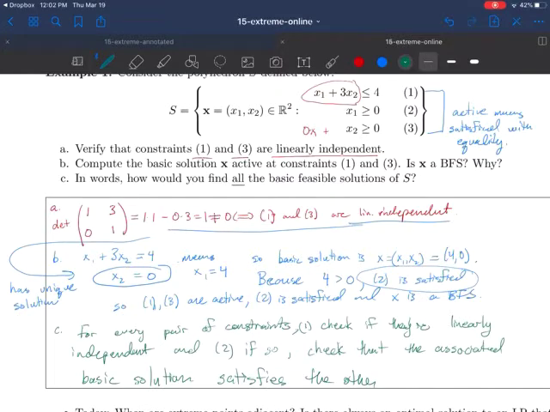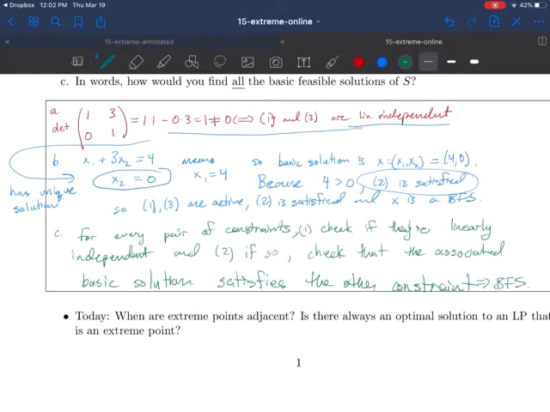Right? There's three constraints, so if you have two that are active, then you just need to see if the other constraint is also satisfied. That would imply that it's a basic feasible solution.